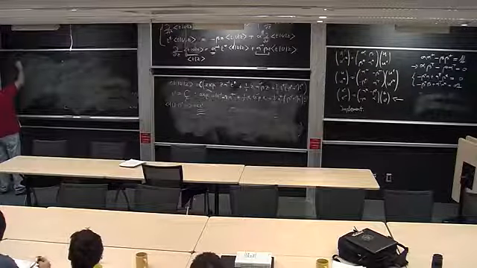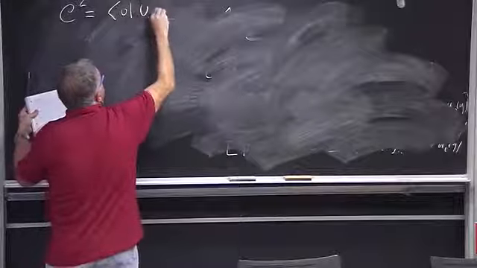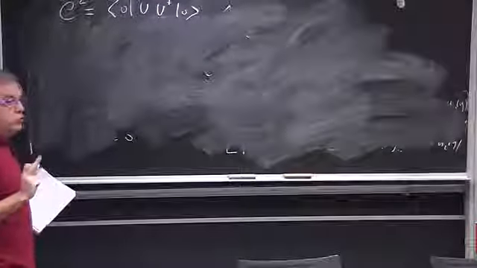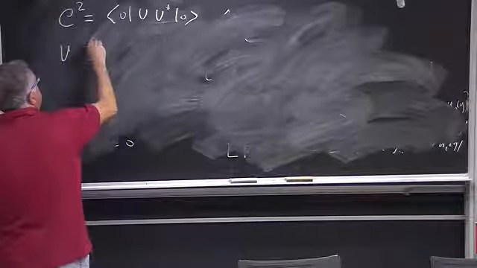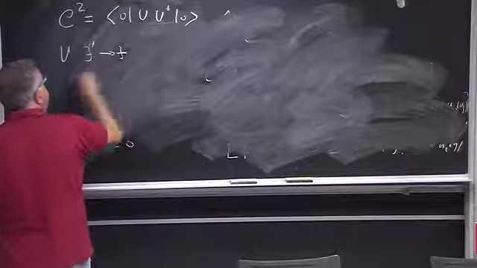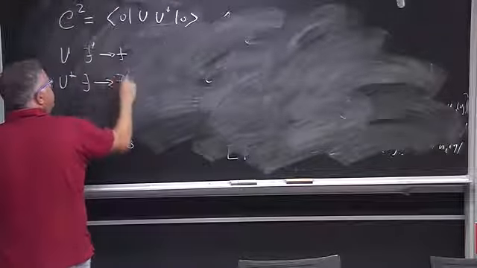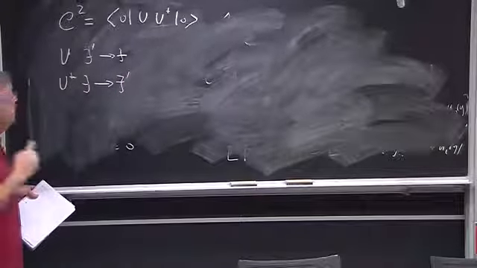C squared is 0, U dagger 0. Remember that U maps the F prime space into the F space, and U dagger maps the F space into the F prime space. So U dagger is applied to the vacuum, to the original vacuum.